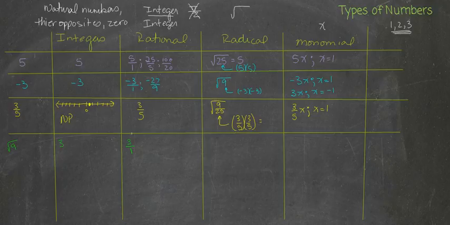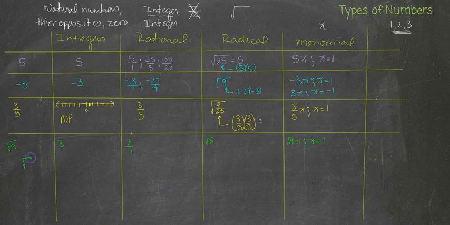So I've converted the square root of 9 into a rational number. That's easy enough. Converting it into a radical doesn't need to happen. It already is a radical. And converting it into a monomial, no problem. I'll just use my easy trick, the square root of 9x, where x equals 1.